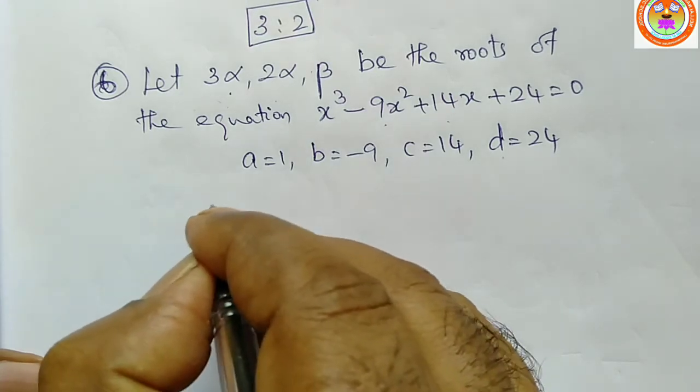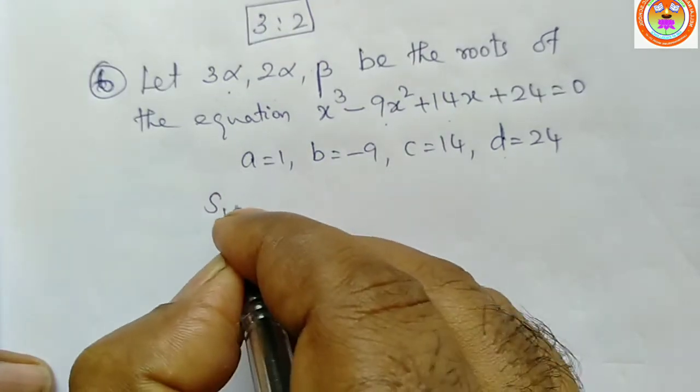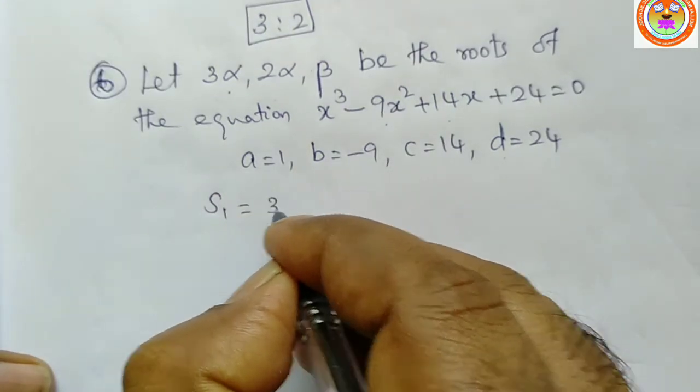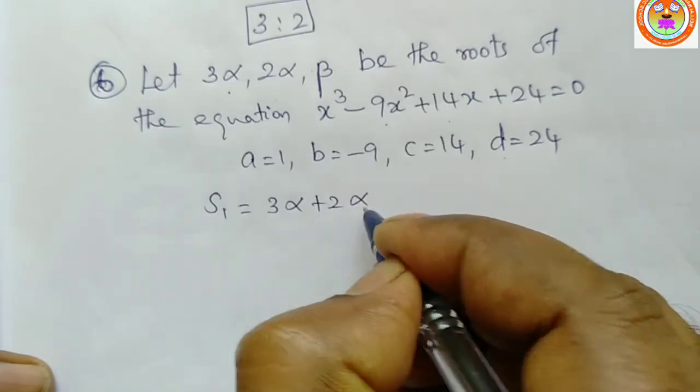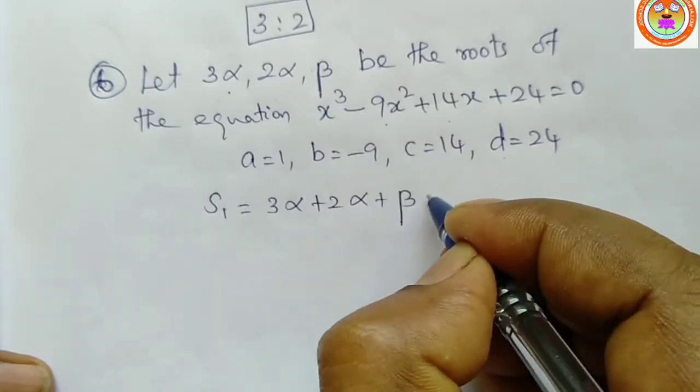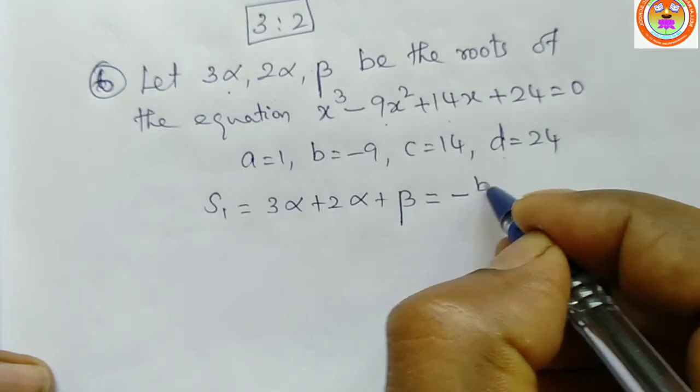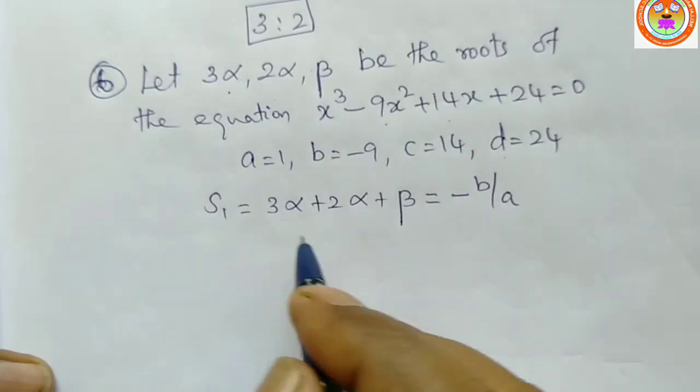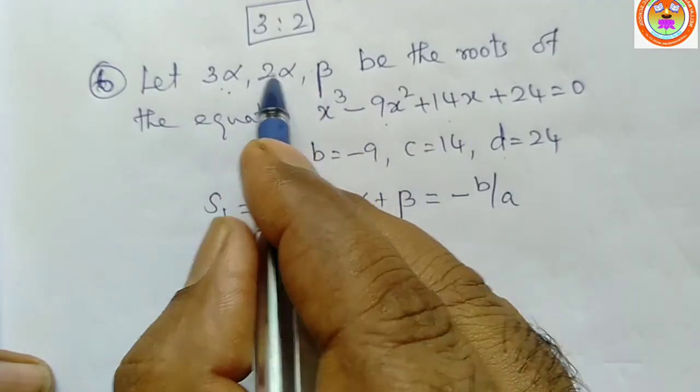Therefore, sum of the roots S1 is equal to 3 alpha plus 2 alpha plus beta, which is equal to minus b by a. S1 means sum of these 3 roots.